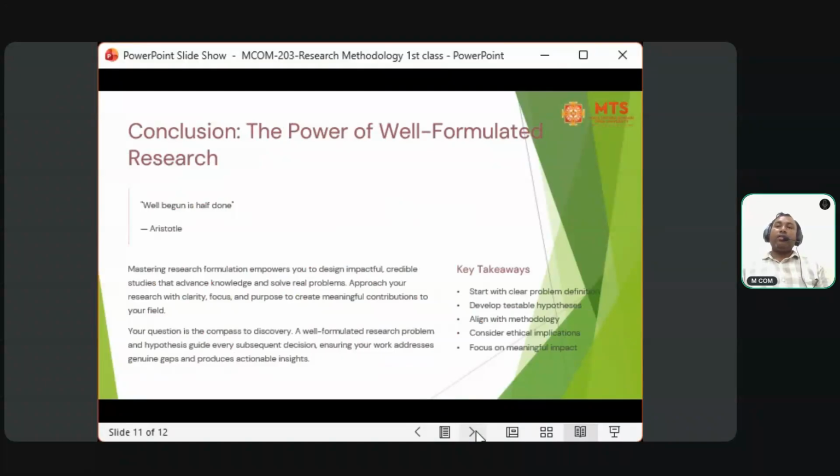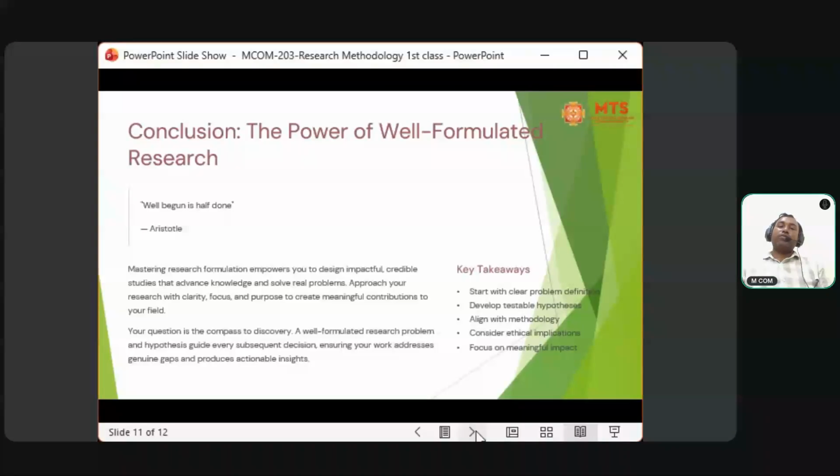The conclusion: the power of well-formulated research. Well begun is half done, as Aristotle said. Mastering research formulation empowers you to design impactful, credible studies that advance knowledge and solve real problems.